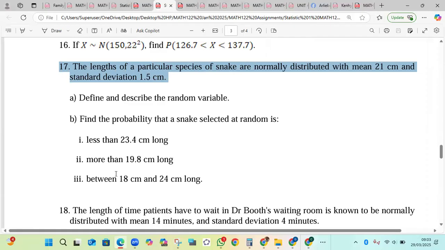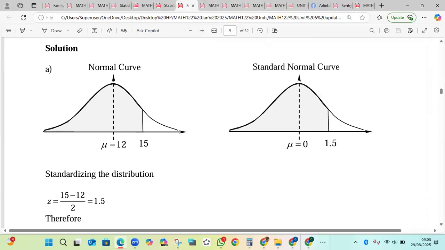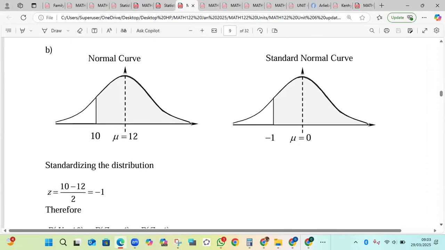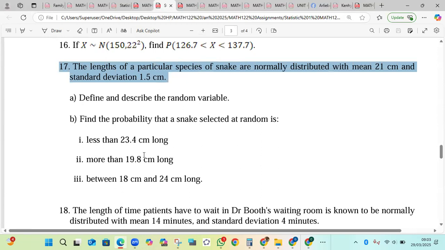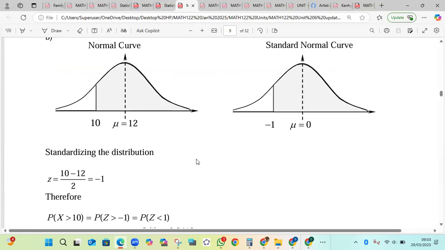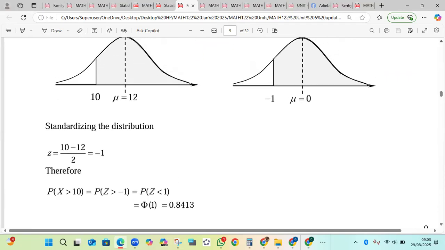Now, part 2 says more than 19.8. Again, you sketch your curve, with the mean in the middle. You notice now 19.8 is less than 21, and you've got to shade towards the right, more than 19.8. Make sure you standardize: you put a 0 under the mean and your Z value under the X, and shade towards the right.